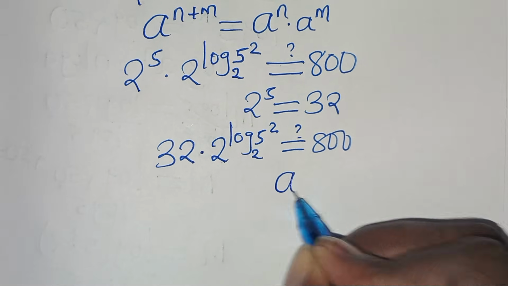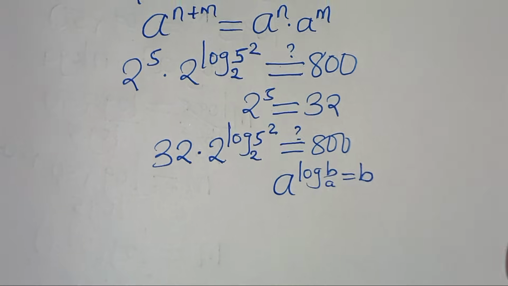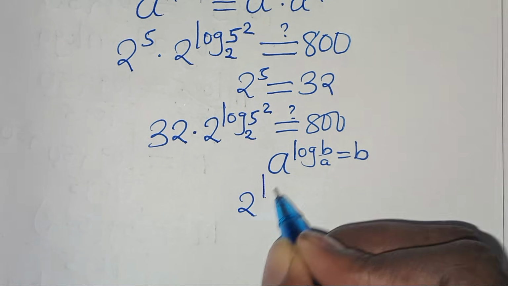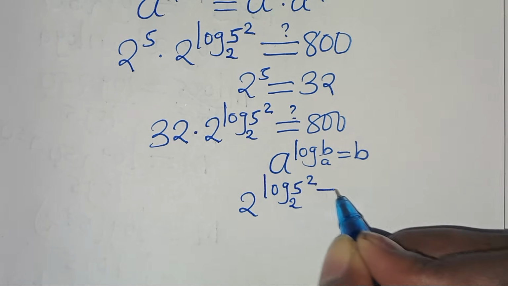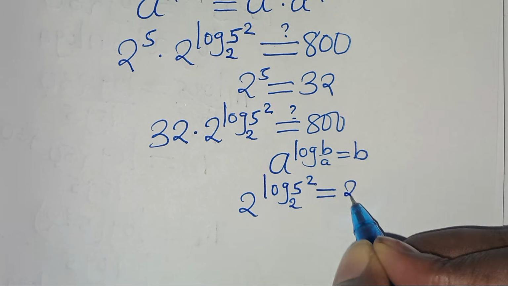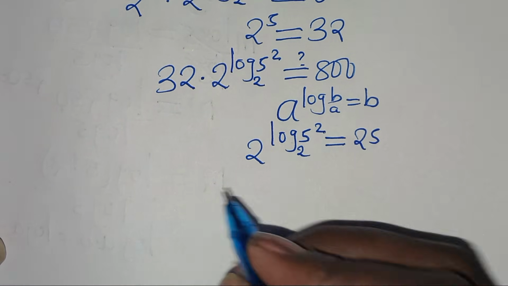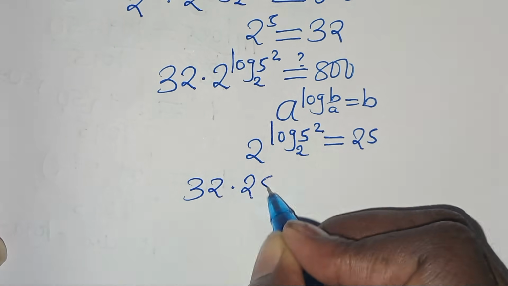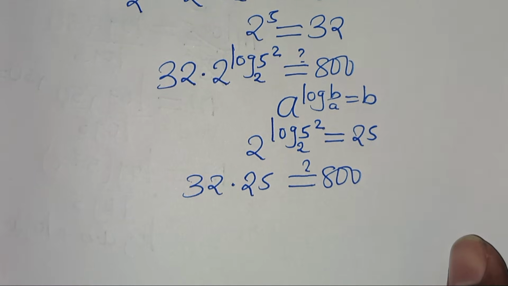This is in the form of a to the power of log b to base a, which is equal to b. Applying this logarithm property, 2 to the power of log 5 squared to base 2 is equal to 5 squared, which is 25. So we have 32 times 25, which should give us 800.